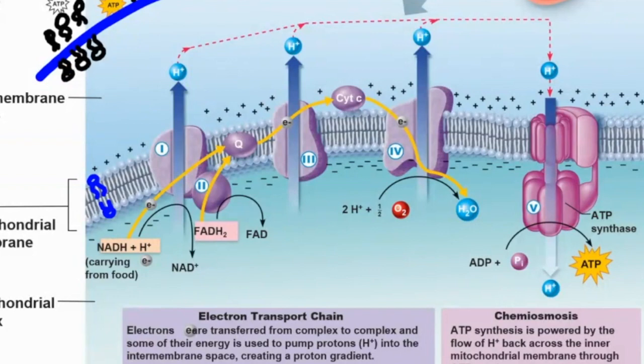So interesting thing about the mitochondria, it has two membranes, and between these two membranes, we now get this space right here. And that space is a certain size. If we push things into that space, if we pump things into that space, we create a pressure gradient or a concentration gradient. Think of it like this. I have a balloon here.